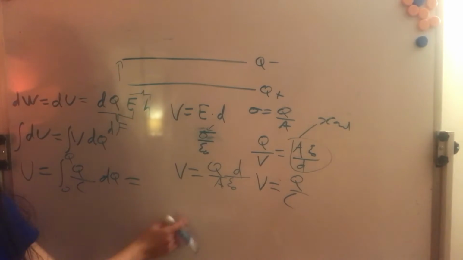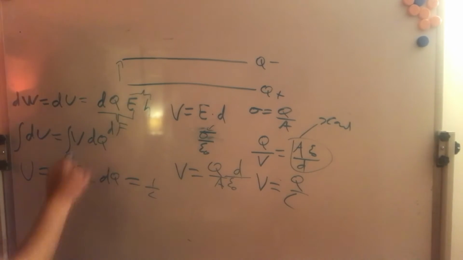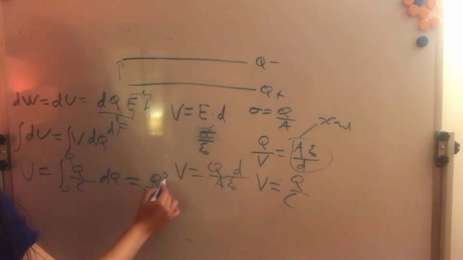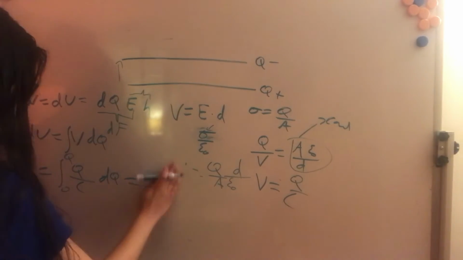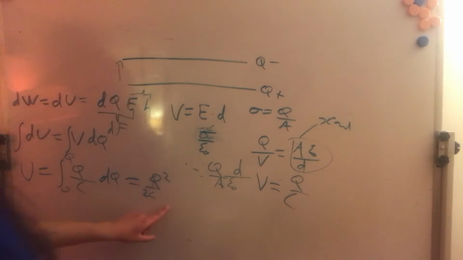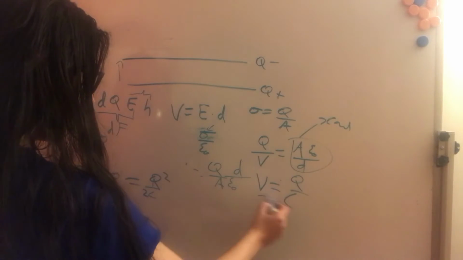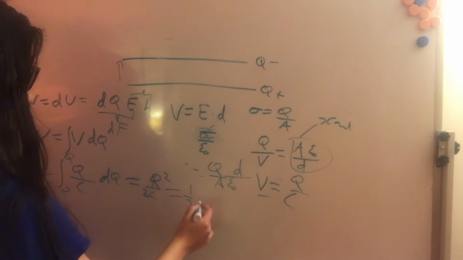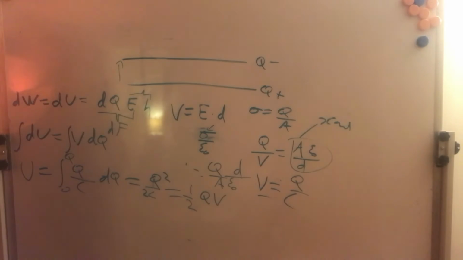I can put the C outside, 1 over C, and this would be 1/2 of the charge squared times 1 over C. But because charge divided by capacitance is the voltage, we can also write this as 1/2 of the charge times the voltage.